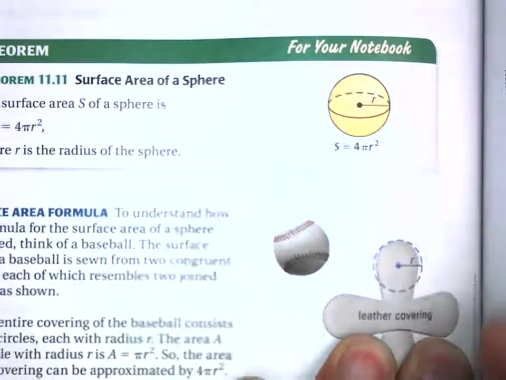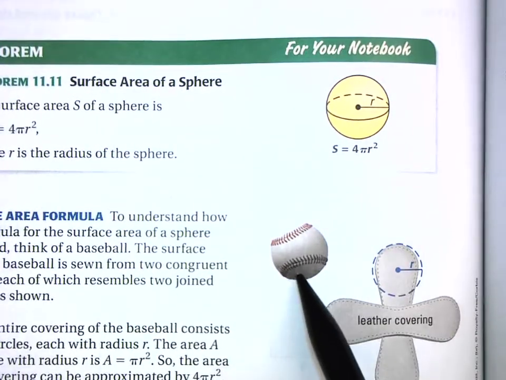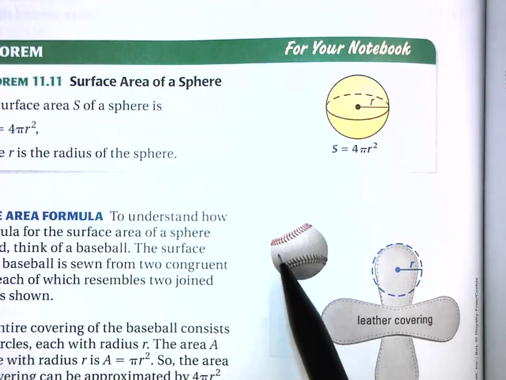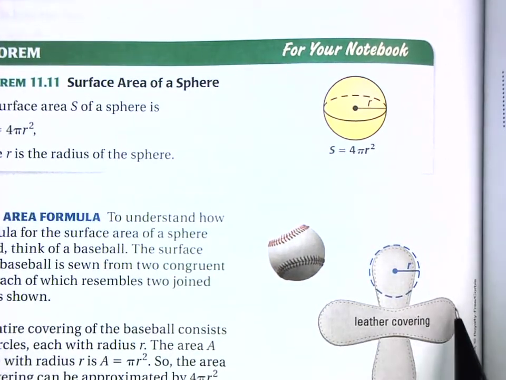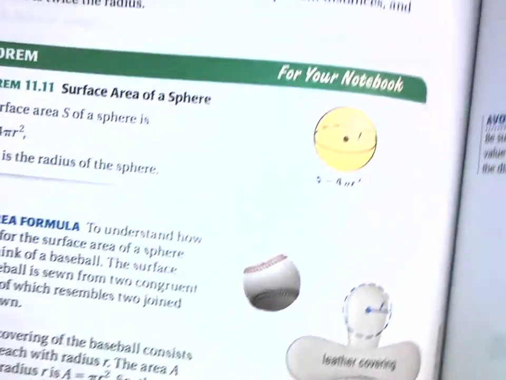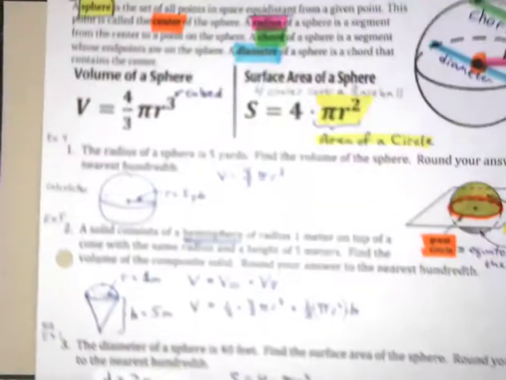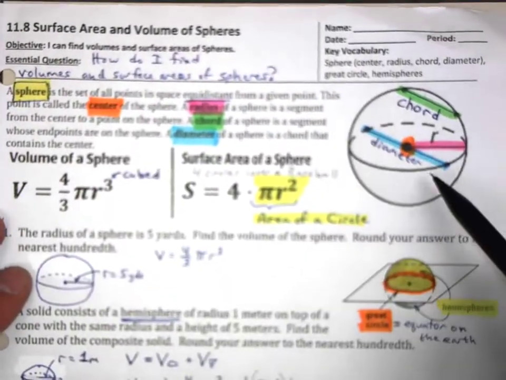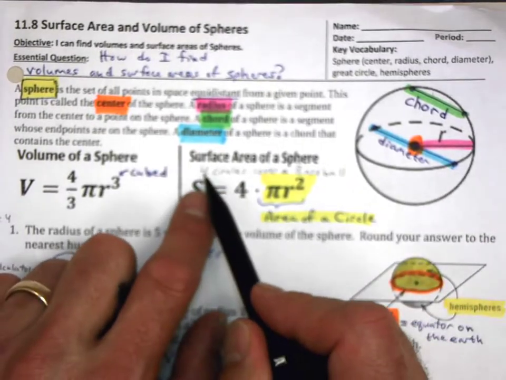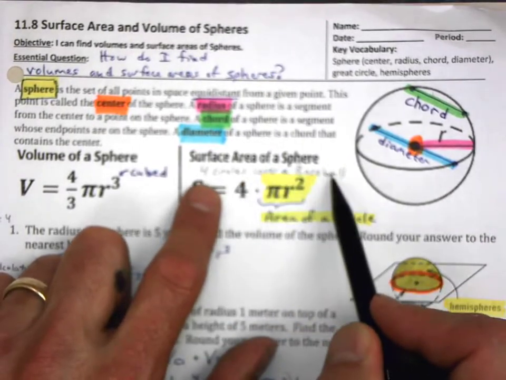When you look at a baseball, have you ever noticed that it has these stitchings here? And if you were to undo the stitchings, then you would realize that, hey, this is kind of like having 4 different circles there. So hopefully that will help you to remember that in order to find the surface area of a sphere, it's 4 circles that cover a baseball.